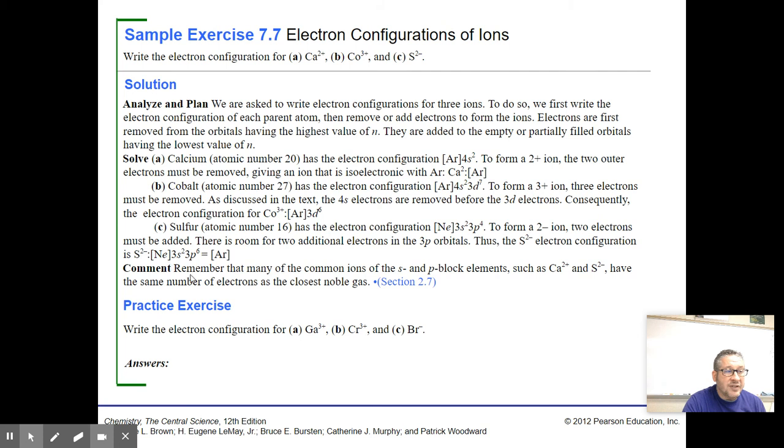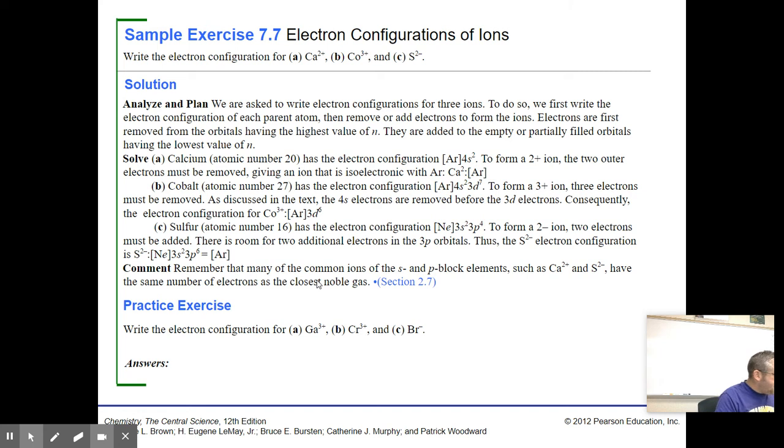We're going to do the same thing for sulfur, okay? Argon has a configuration of [Ne]3s2 3p6, so it has the same electron configuration as S2-. So we can simply put argon as our answer.